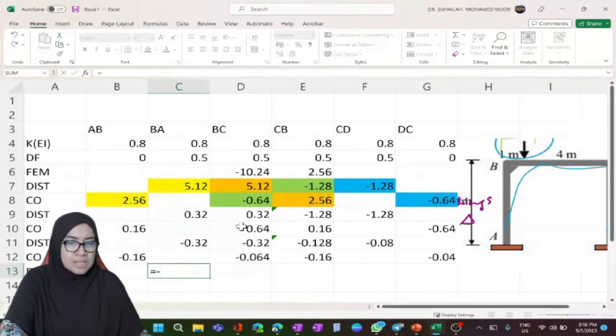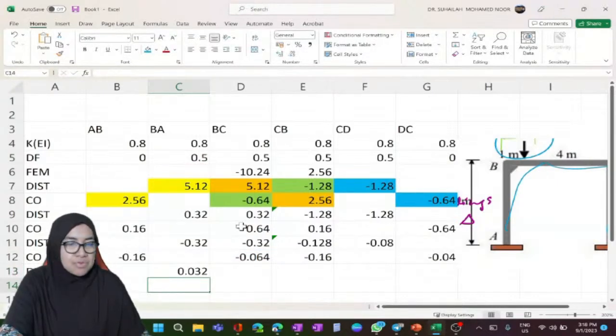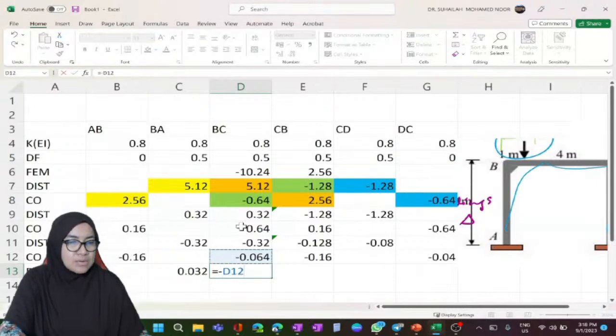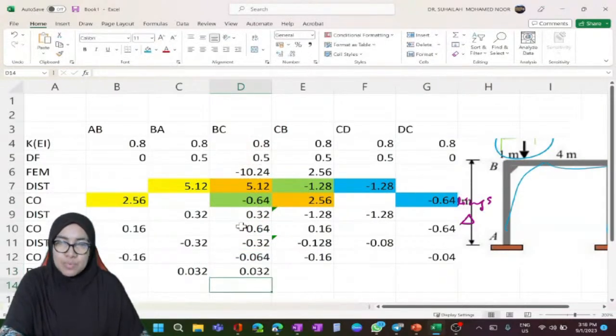Okay, it is negative 0.064. Times with distribution factor 0.5, we should get positive. Again, 0.064 times with the factor 0.5, we also get 0.032.